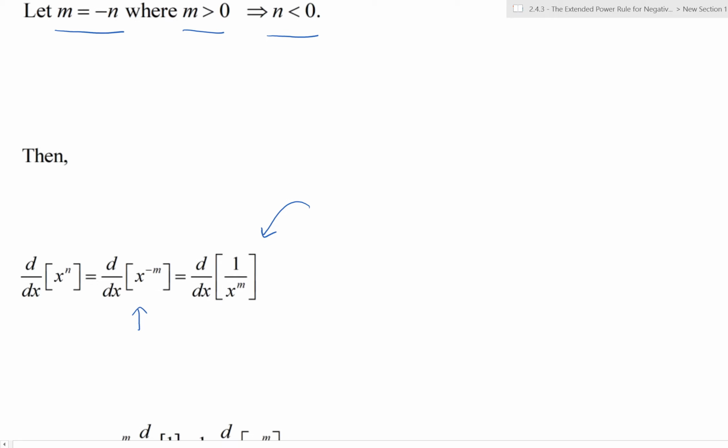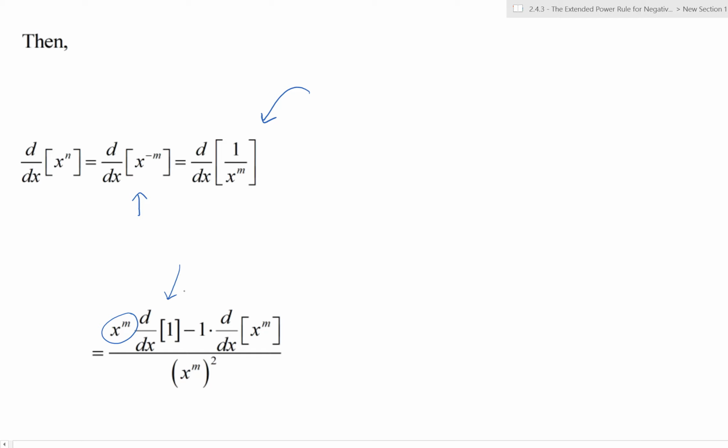The quotient rule tells us to take the denominator function and multiply it with the derivative of the numerator function, so that's x to the m times the derivative of 1 with respect to x, minus the numerator function 1 times the derivative of the denominator x to the m with respect to x, all divided by the denominator x to the m quantity squared.